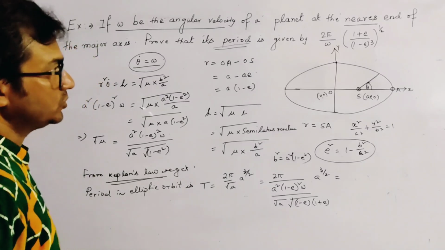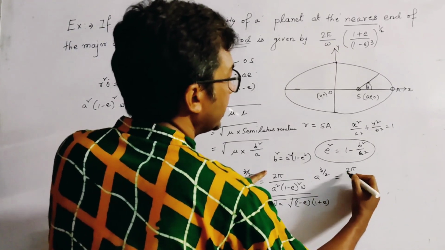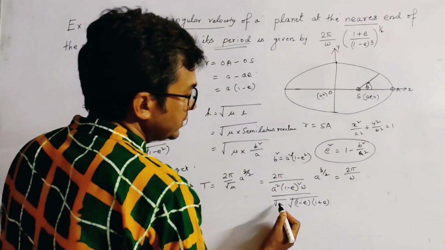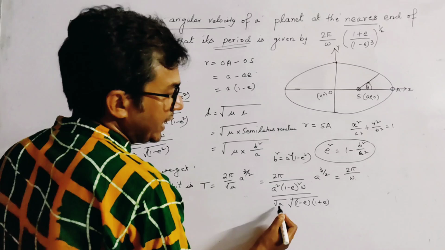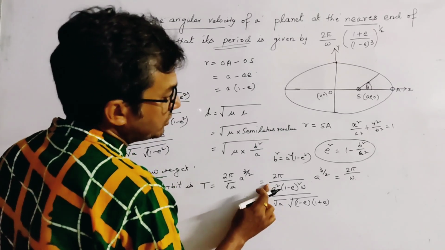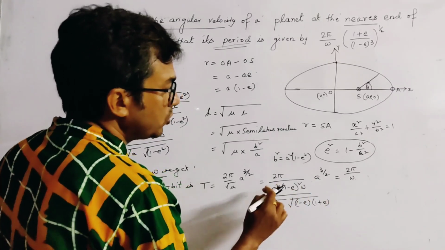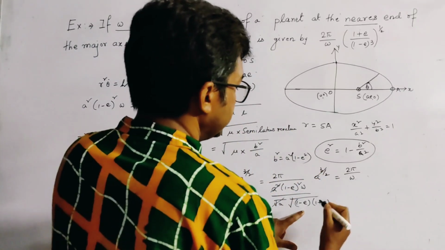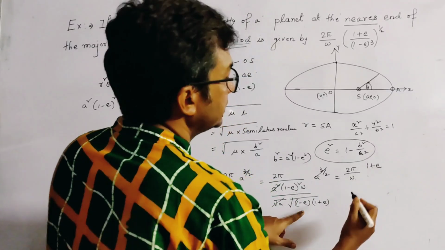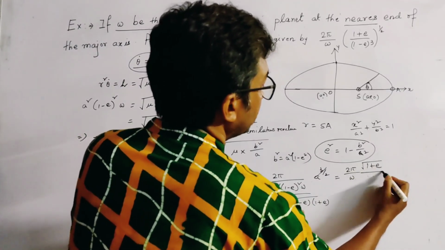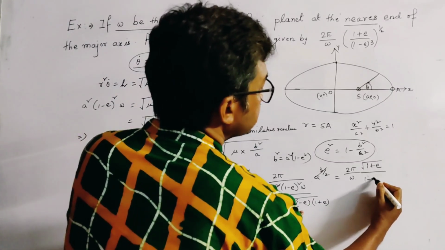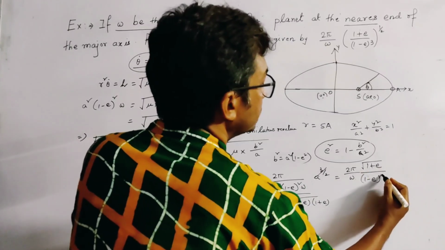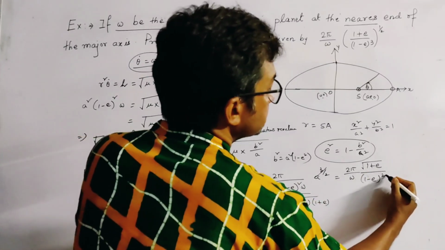Now by calculating we get 2 pi by omega, and we cancel out a square and root a. This gives a to the power 3 by 2 and a to the power 3 by 2, which cancel out. Now the result is root of (1 plus e) by (1 minus e) whole square, that is, (1 minus e) whole square to the power minus half.